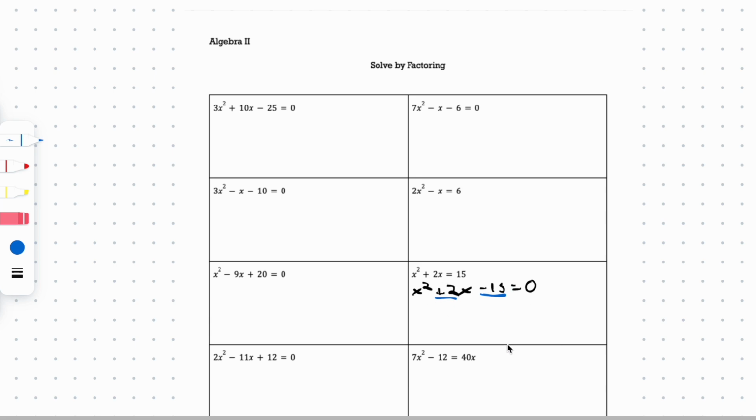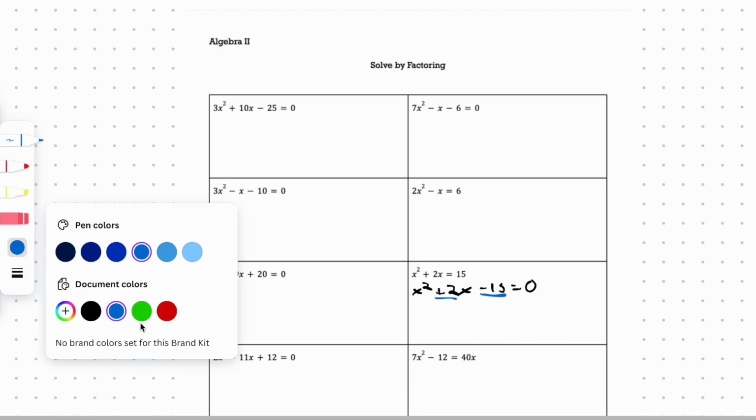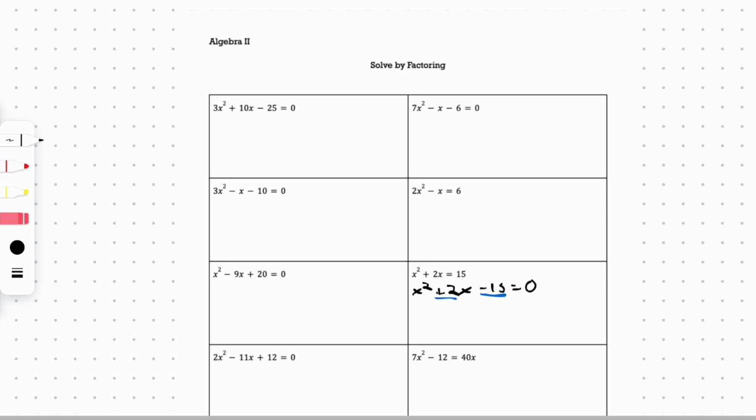No, we can't. So it's likely going to be 5 and 3, which are 2 units apart anyways. But we have to choose which one's positive and which one's negative. And it ends up being that we want a +5, right? Because if we do +5 minus 3, that gives us +2. And if we do +5 times -3, we get -15.